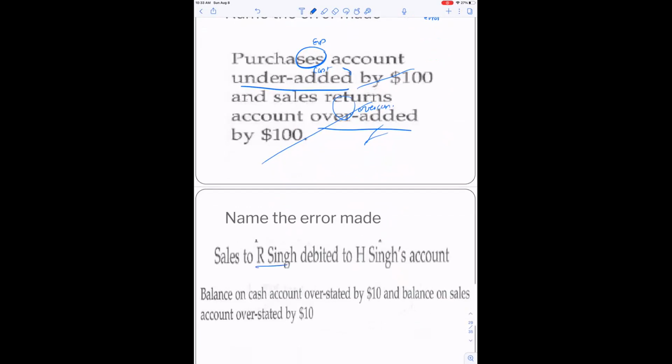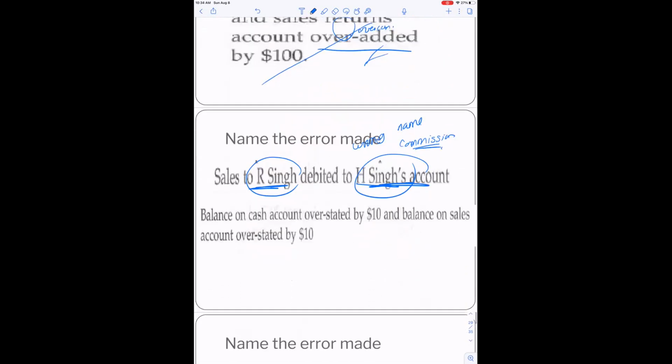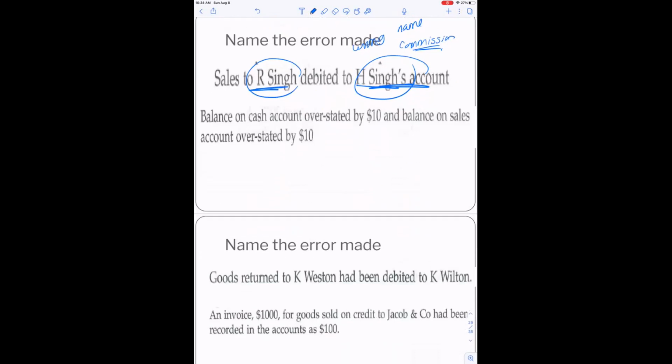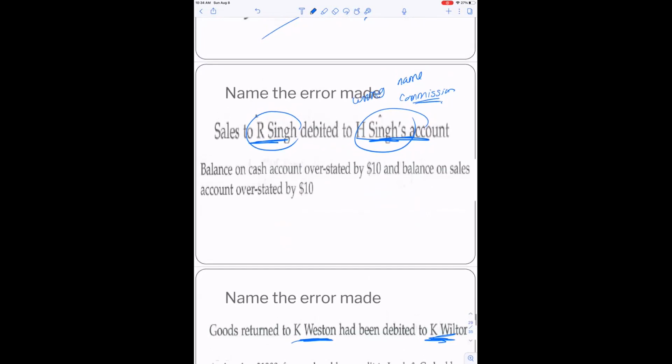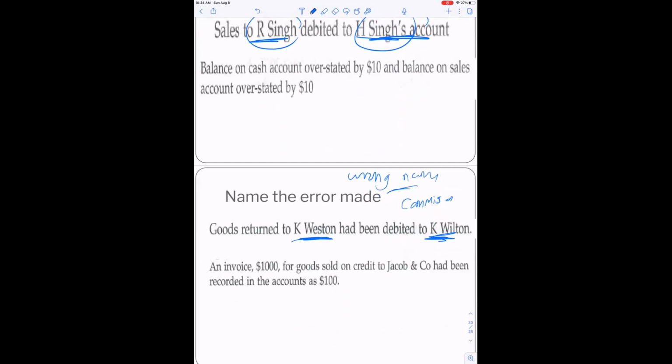Sales to R Singh, debited to H Singh. Wrong name. Error of commission. Goods returned to K Betson, debited to K Wilton. Wrong name. What is the error? Error of commission. Wrong amount. Error of original entry.